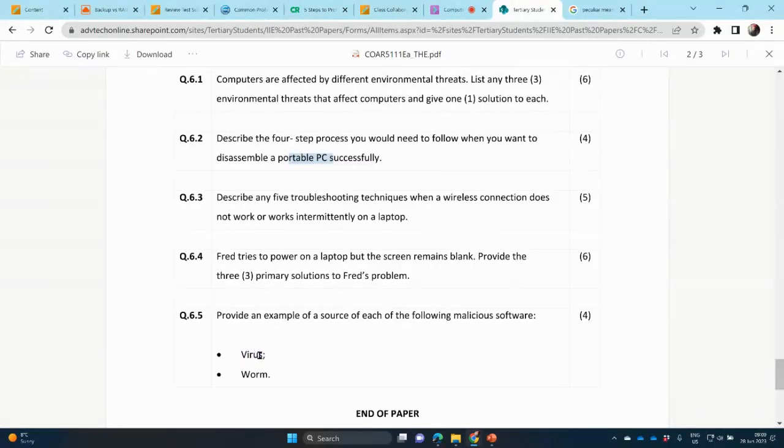Or I downloaded an app, the app contained a virus. Similarly, where did the worm come from? So remember to answer the question. Not just look at it and think they want me to tell them what a virus is or what a worm is. You can say what a virus is, but you need to provide a source. Provide an example of the source for each of these. Where did it come from? So make sure you're reading the questions correctly and answering the question.